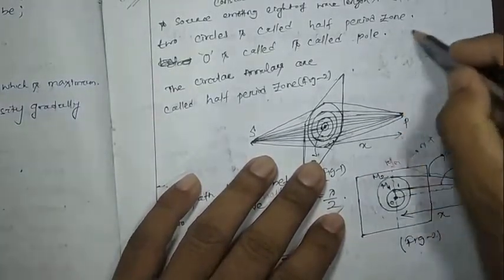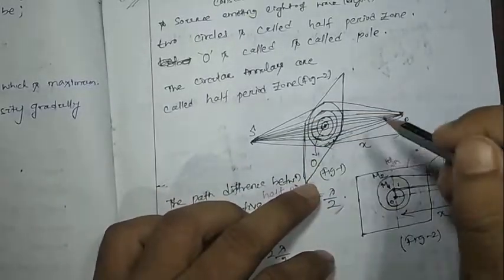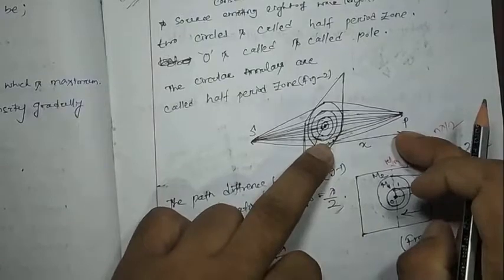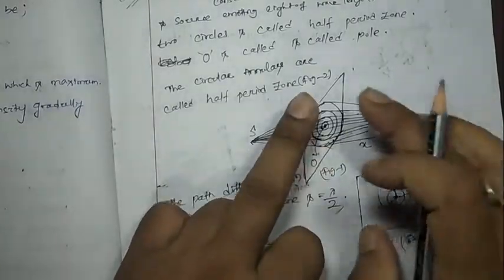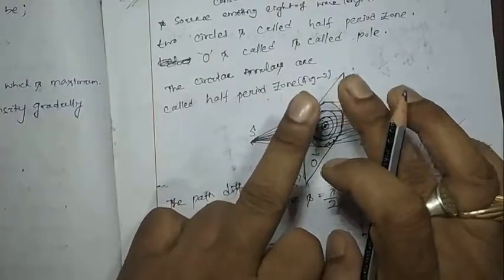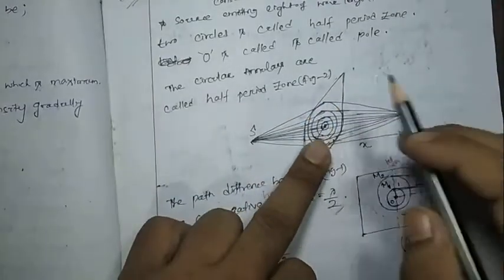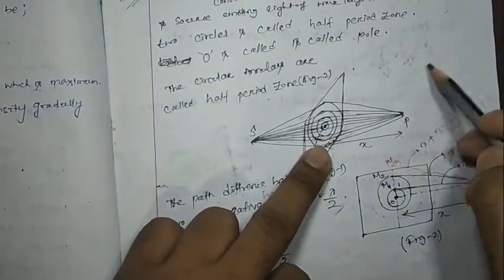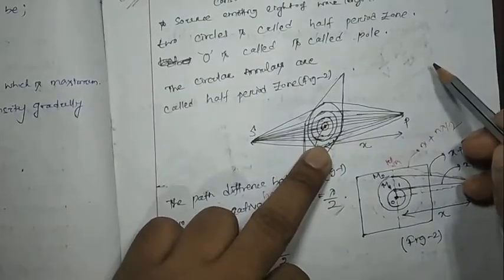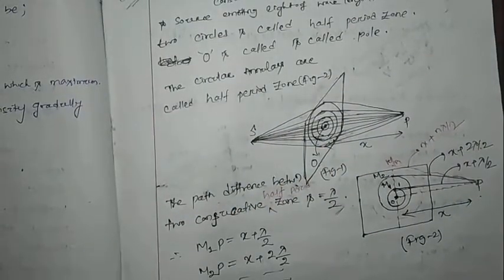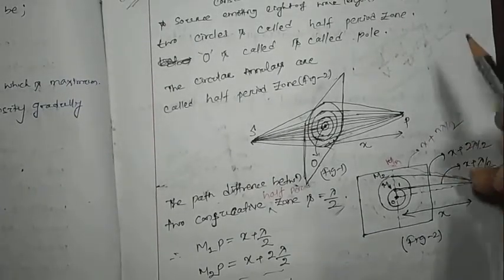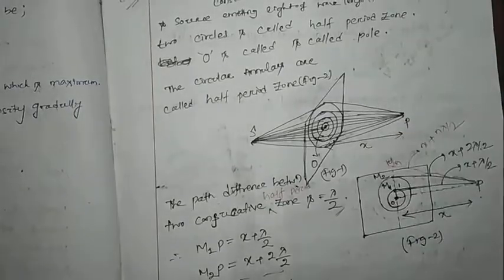That means if we consider that the zone plate acts as a convex lens, and this distance is the focal distance of this zone plate, then it has to obey this type of formula, which is the convex lens formula. So we have to verify mathematically whether we get this expression for this zone plate or not.